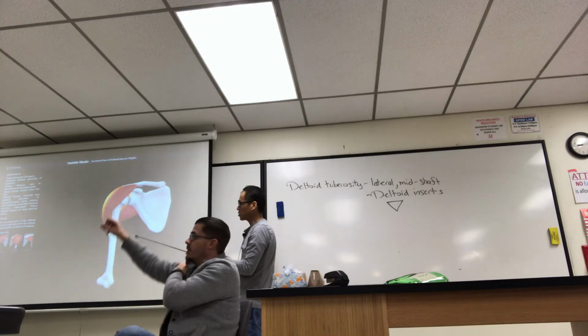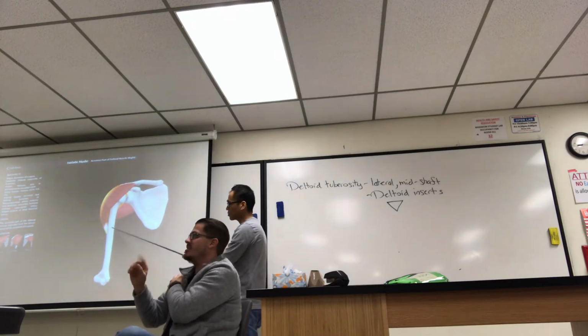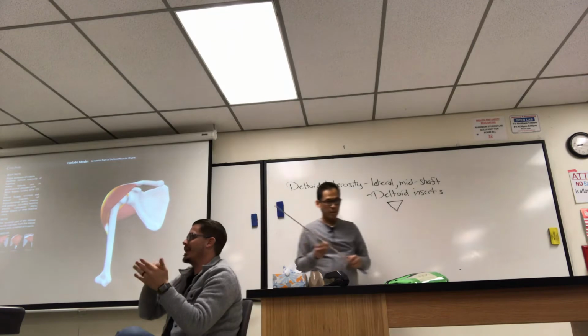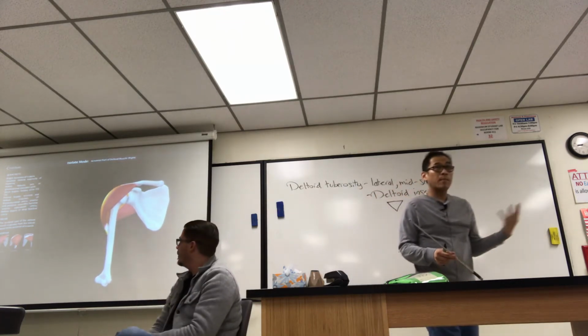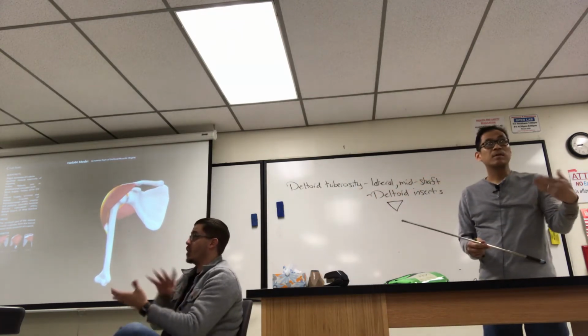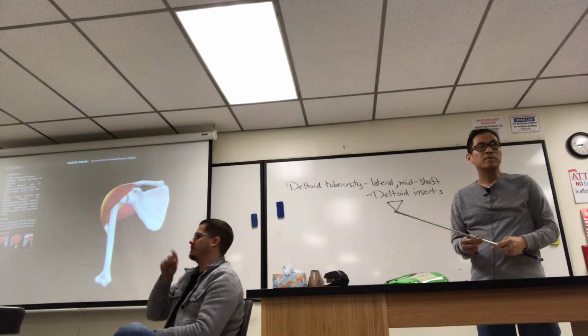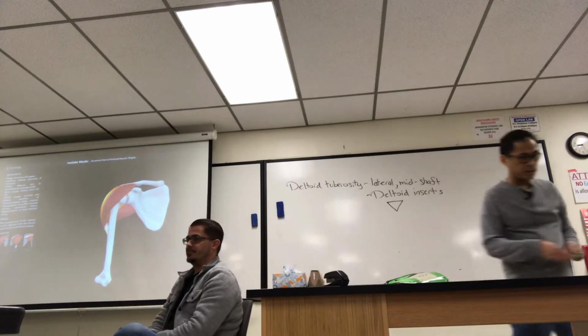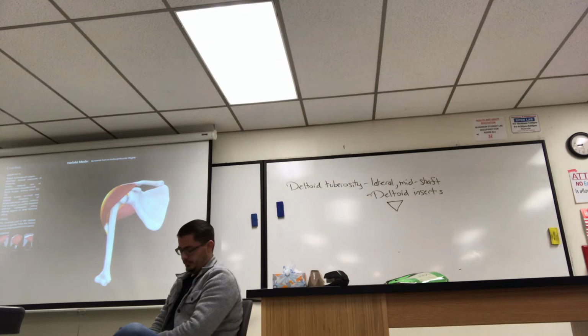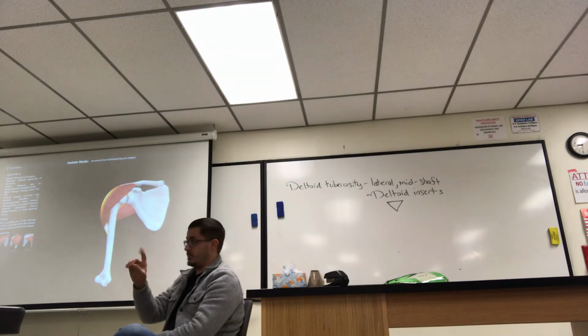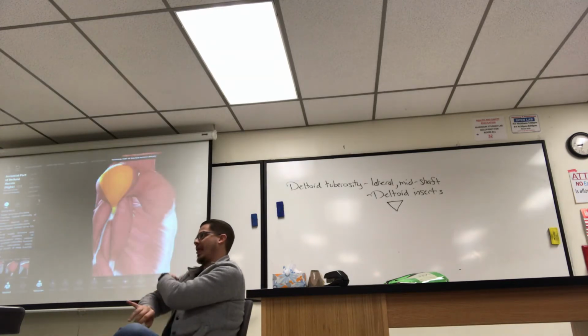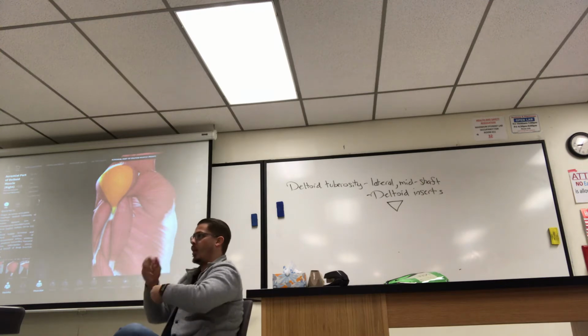Adduction. When we get to muscles, I'll revisit that idea. If you know where a muscle attaches, you can deduce its action. Anyways, deltoid tuberosity, that's where the deltoid pulls on the arm bone.